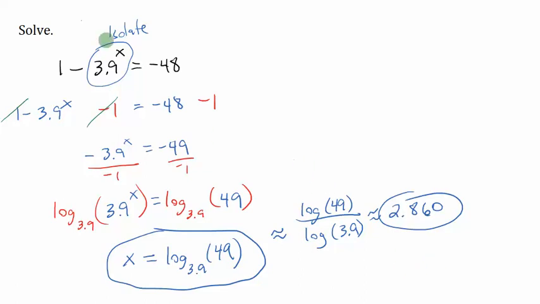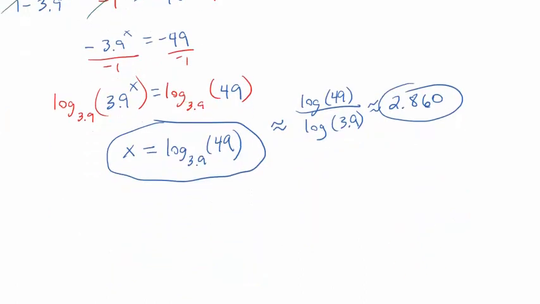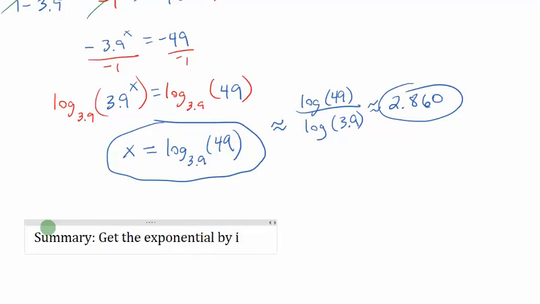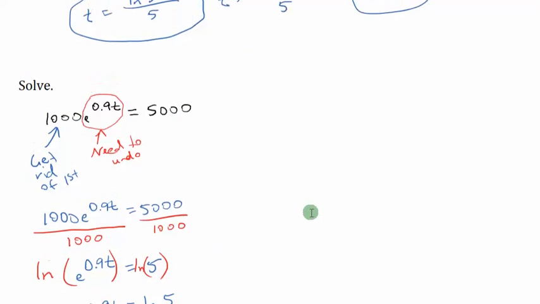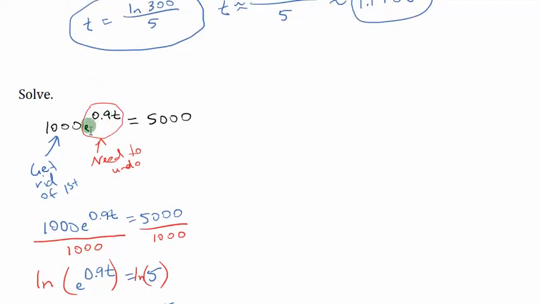So the idea is, in summary, get the exponential by itself. So in this problem, the exponential is the 3.9 to the x. I needed that by itself. Or in this problem, it was e to the 0.9t. Get that by itself.